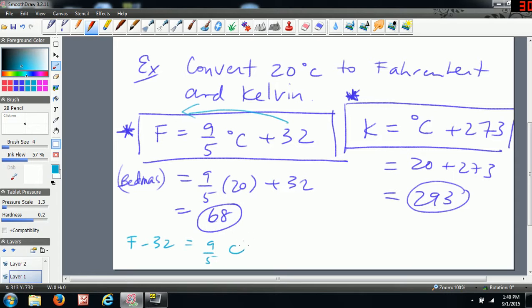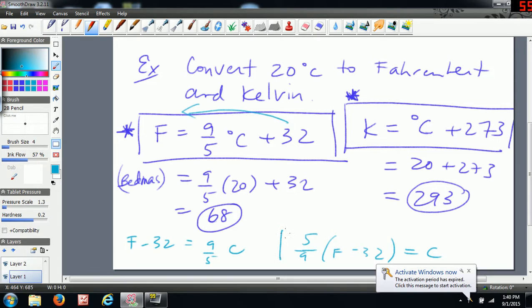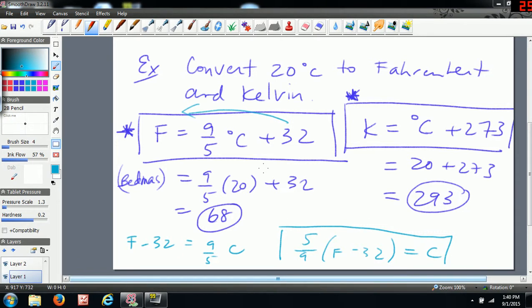And then to get rid of this part, you would multiply both sides of the equation by 5 over 9, and that would eliminate this on the right side. So 5 over 9, F minus 32 would be equal to C. So this would be the equation in terms of Celsius. Okay.